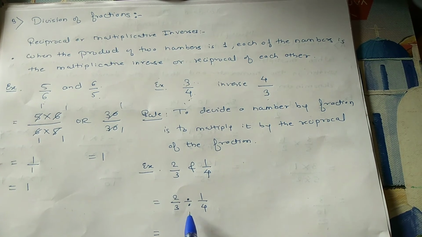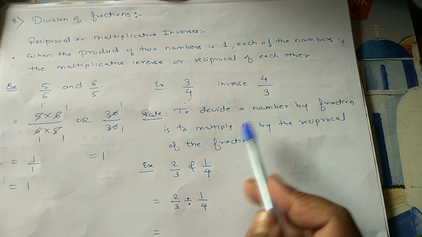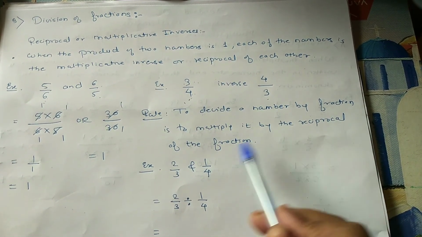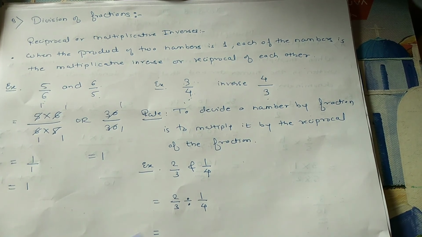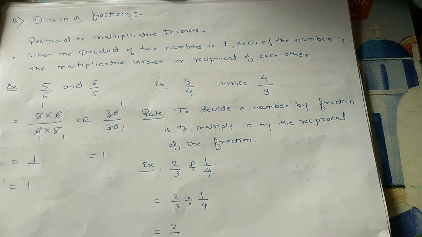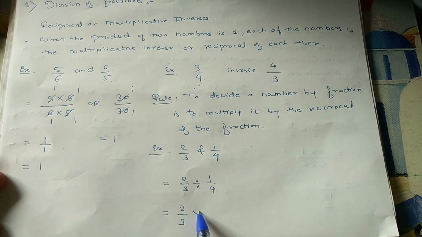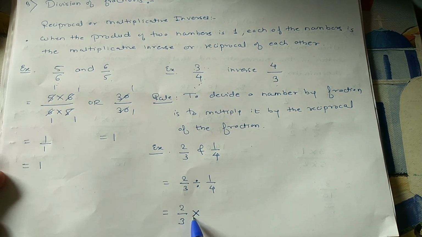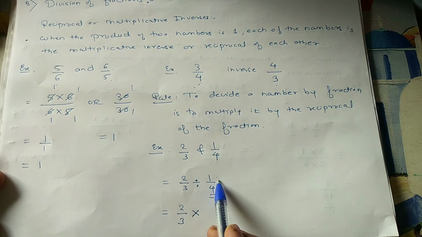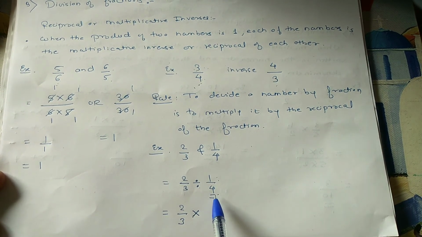In this case, the rule says, to divide a number by a fraction is to multiply it by the reciprocal of the fraction. So here 2 upon 3 stays the same, but the sign of division is changed into multiplication. For that you have to take the reciprocal of the second fraction, 1 upon 4. Reciprocal means we change the position.